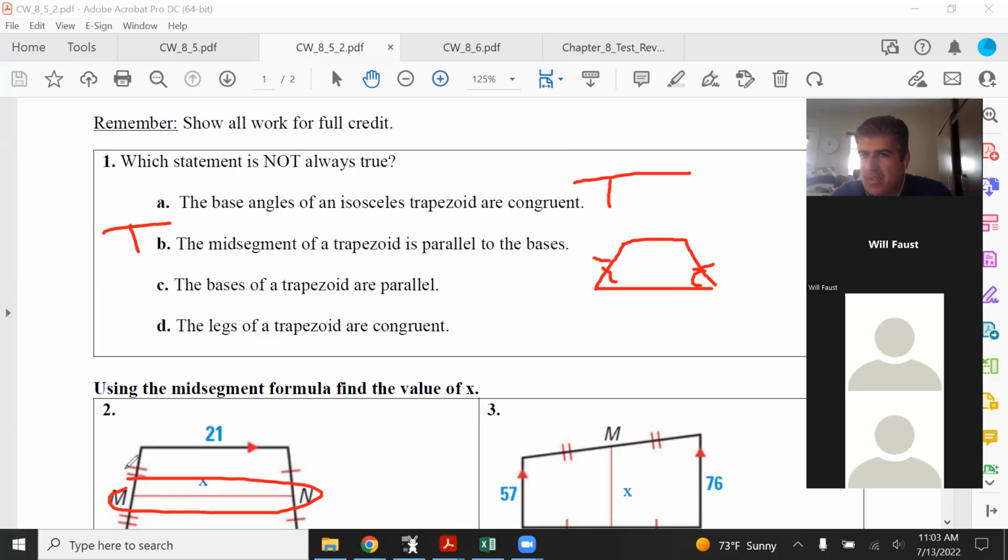It's using the concept of similarity. The bases of a trapezoid are parallel. That's always true as well. That's the definition of a trapezoid. The legs are congruent. Not always true. It could be, but not all the time. So D is the only one that's not always true, but A, B, C are always true.